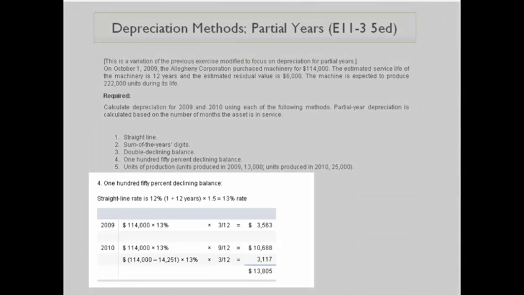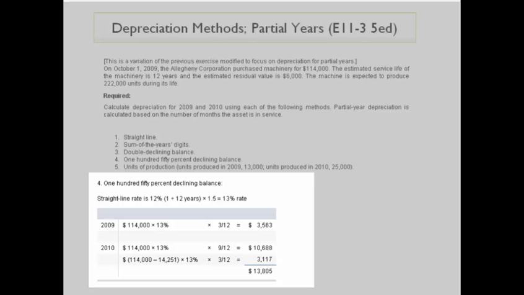Next, we take a look at the 150% declining balance method. And this approach is very much the same as the double declining balance, only instead of taking 1/12 times 2, we take 1/12 times 1.5 to come up with a 13% rate. And then from there, the approach is exactly the same as what we've done before.